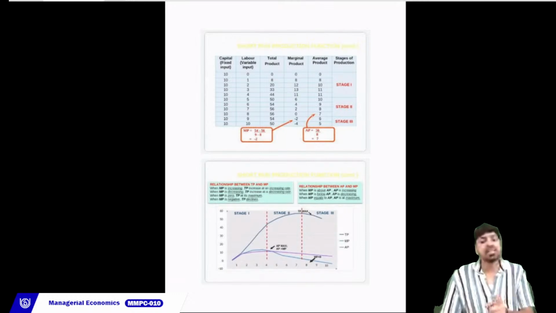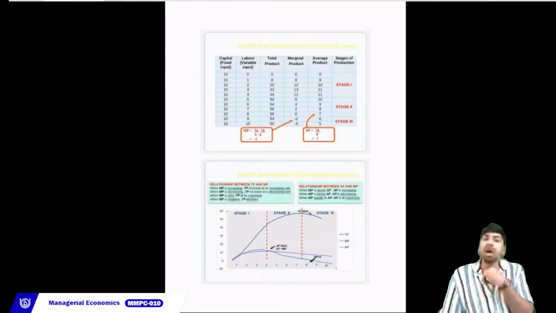One more thing I would like to portray here is that marginal product is calculated from the total product by taking differences between the total product and dividing by the difference of labor.